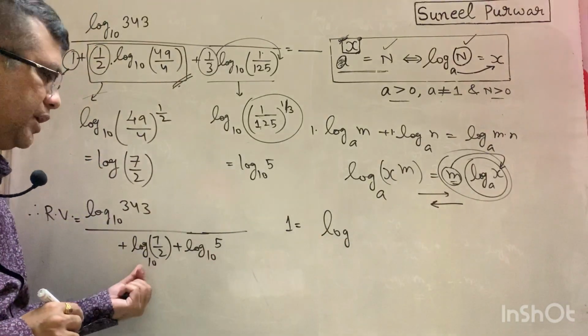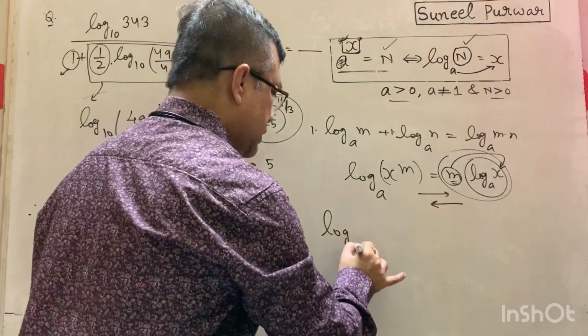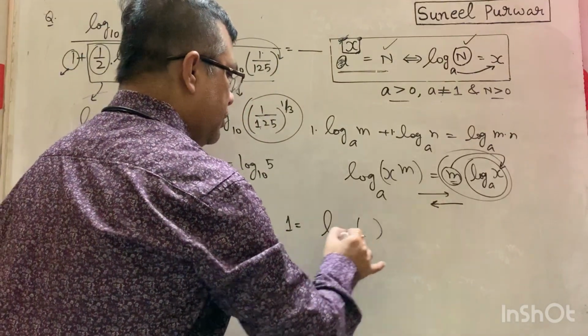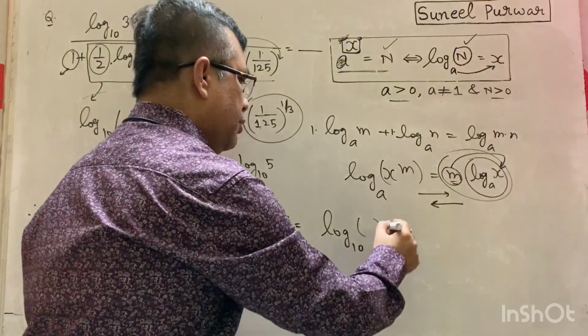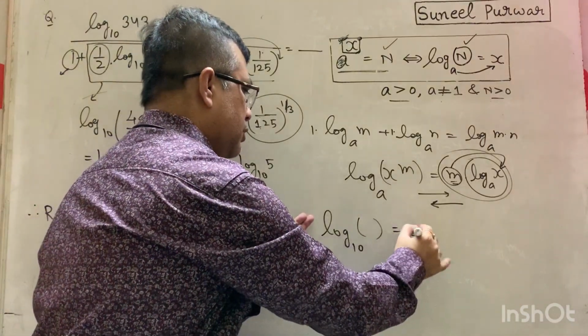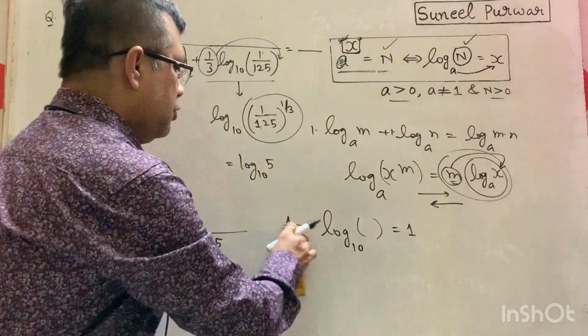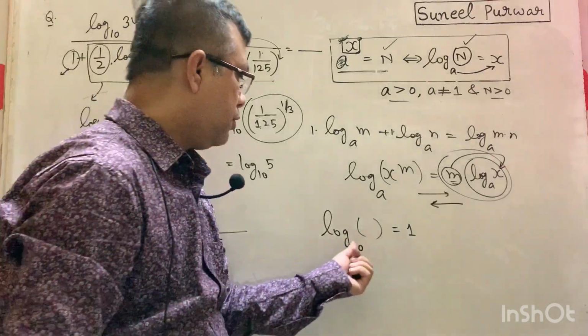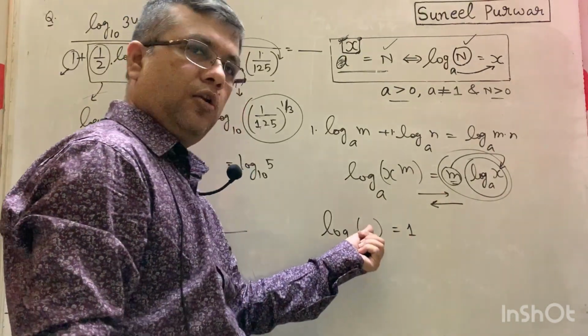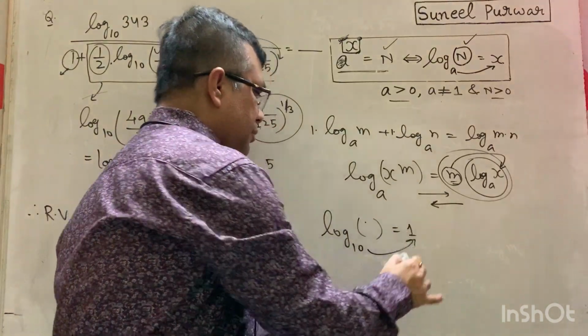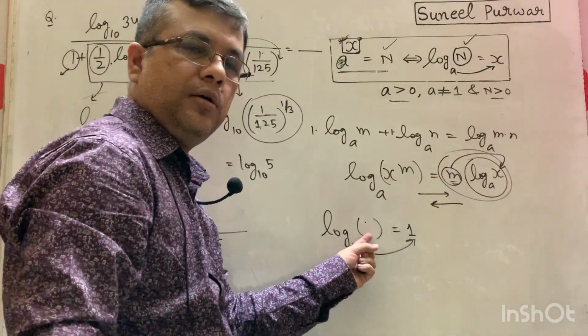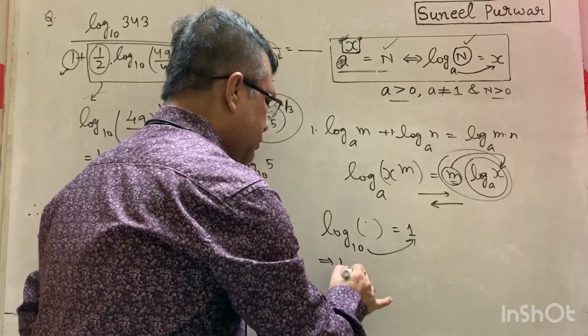Since base 10 is already present, you again want the same base 10. You want this value to be 1. So you want to write 1 as what? Log of some number at base 10. So what is going to be this number? 10 power 1. What is going to be this number? 10 power 1.